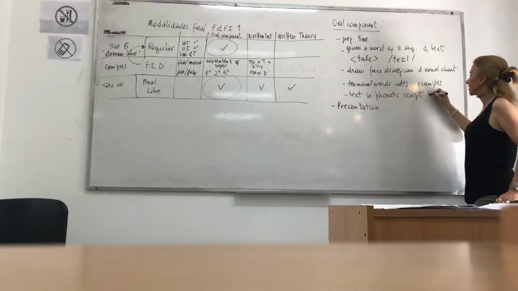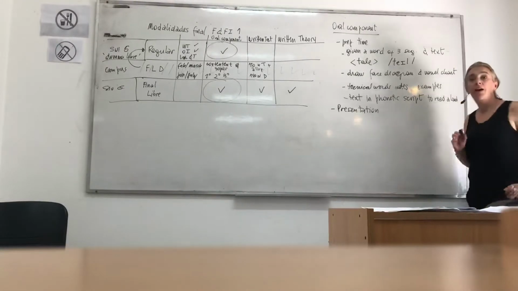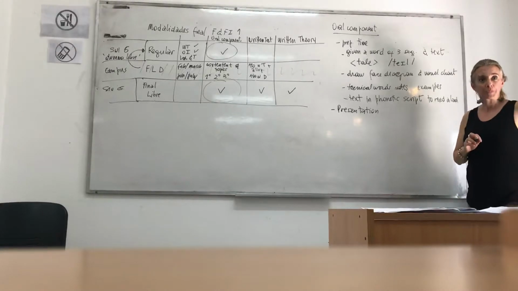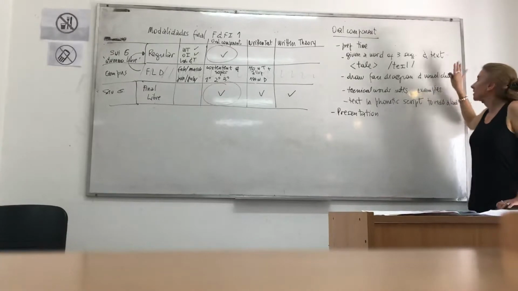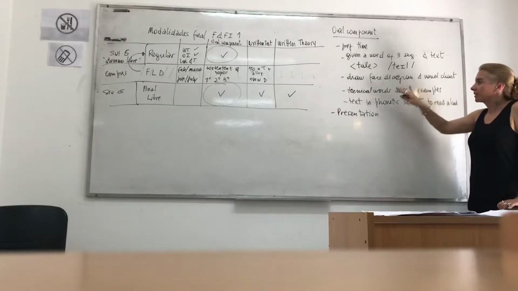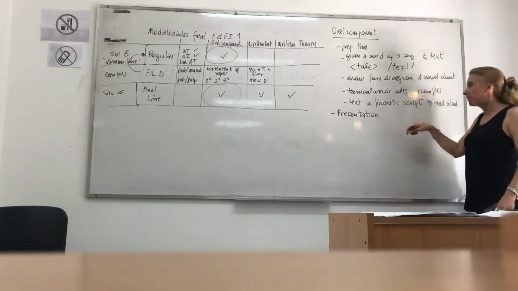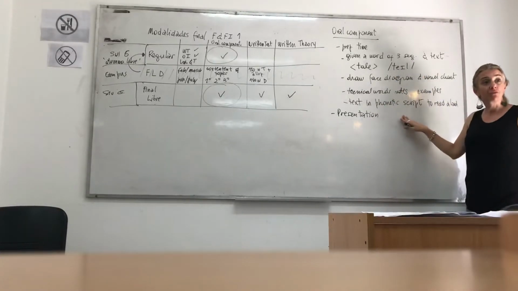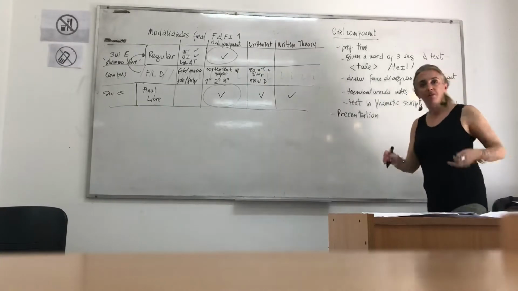A text in phonetic script to read aloud. So you draw the phase diagram, you draw the vowel chart, you write down your notes, you write down a couple of examples, you practice the reading of the text, and you're ready.